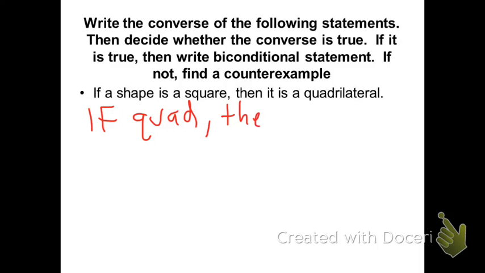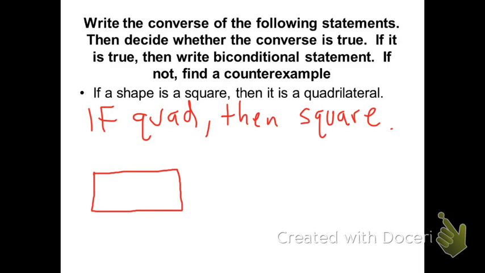So then square. That would be an abbreviated version of the converse. But this is not true because I could think of a counterexample which would be a quadrilateral that's not a square. So one thing would be maybe a rectangle, and another counterexample would be a rhombus. So, the converse to this statement is not true.